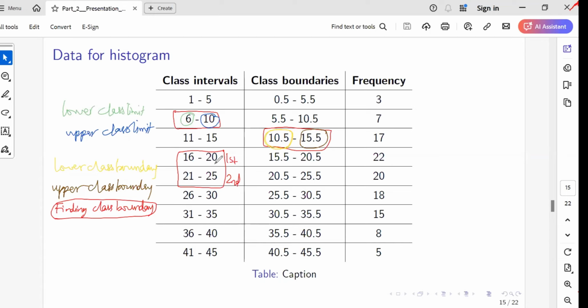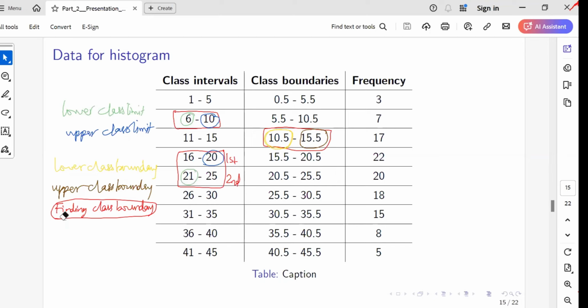The upper class limit of the first one is 20. Then I'll consider the lower class limit of the second one, 21.